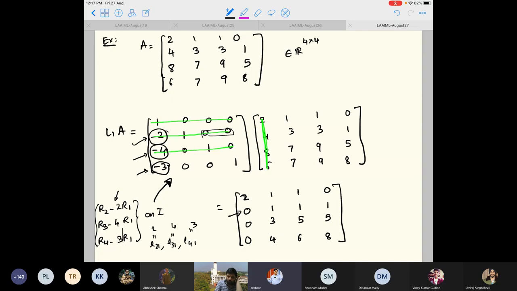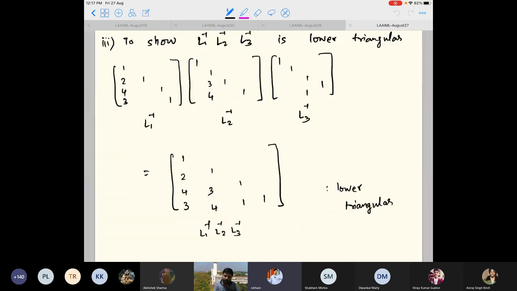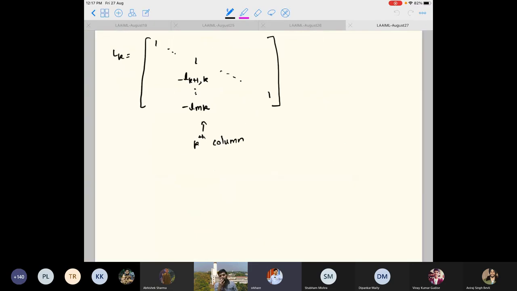Minus L21 is sitting here, which is minus 2, minus 4 and minus 3, right? So this is the notation I am using. These are the matrix entries. So when you are multiplying by the inverse, this is what is going to be. This is how we construct Lk. I hope this is clear to all of you.